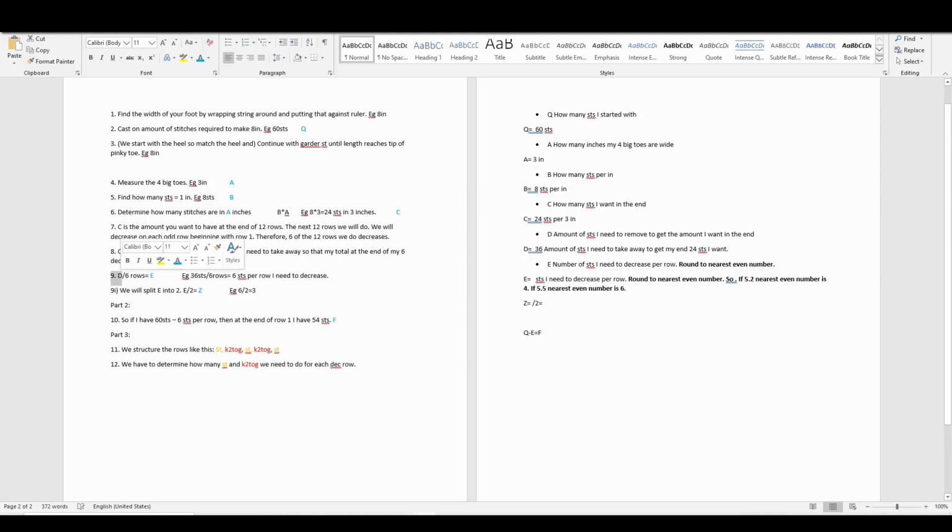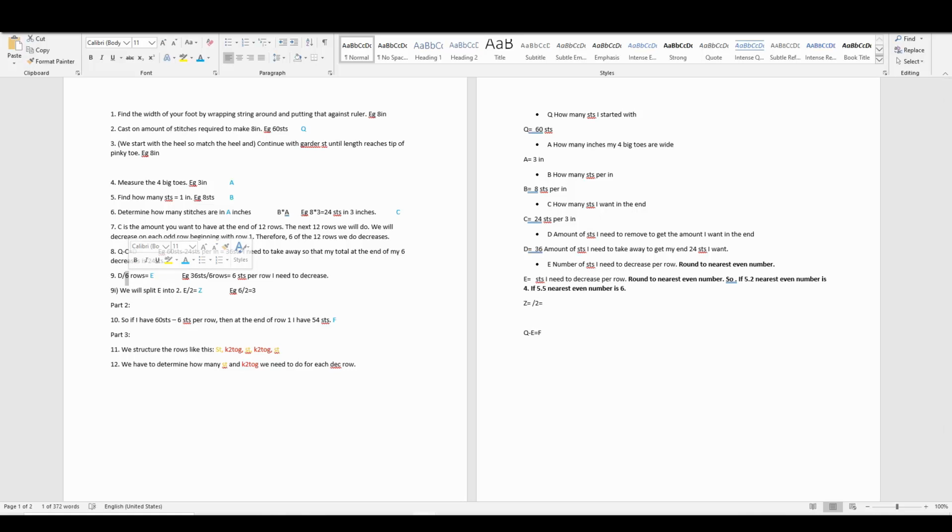Next variable, number 9, that'll give us E. E is the number of stitches I need to decrease per row. If I have to take away 36 total stitches to get the 24 that I want, how many stitches in each row do I need to take away? So it's D divided by 6. 6 rows, right?